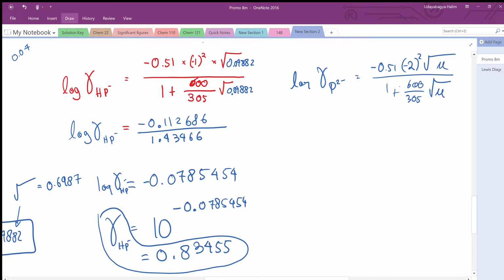Notice that the only difference here is just the number 1 to the power of 2 versus 2 to the power of 2. So I know for sure that log gamma P2 minus is going to be 4 times larger, which is 4 times 0.0785454. So it's going to be 0.314181.